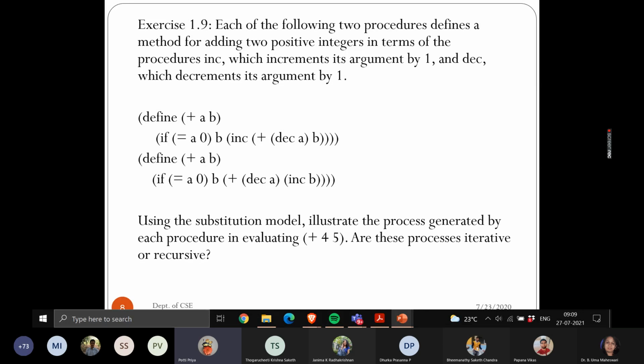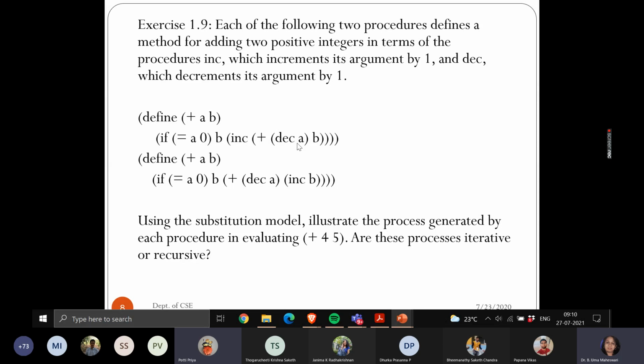Then since 2 is not equal to 0, it will call increment of plus 1 5. Similarly it will go till plus 0 5. Since in the last procedure it is expansion and contraction only, ma'am. Since the last one is plus 0 5 and A is 0, we will be returning B. So plus 0 5 will return 5 itself. Since it has an increment, it will be incrementing 5 by 1. So 6 will be returned from the innermost procedure.